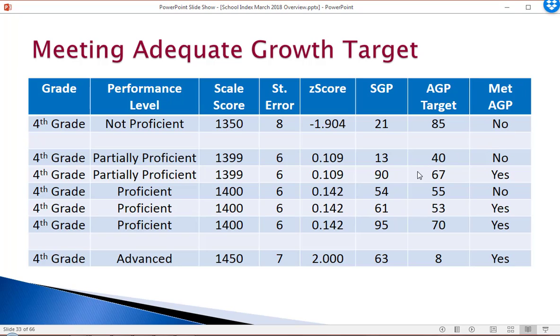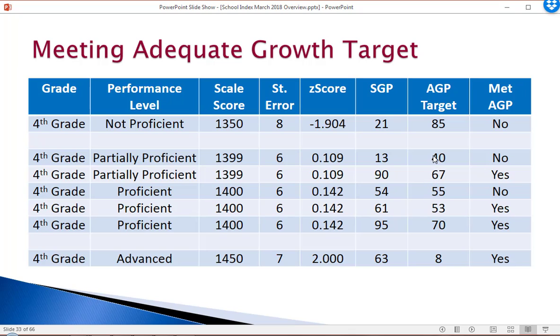Here's a group of 5 students who are all very close to proficiency, between a 1399 and a 1400. And you'll notice some of them had a very low SGP, others of them had a very high SGP. But their targets vary based on how well they achieved in the past.